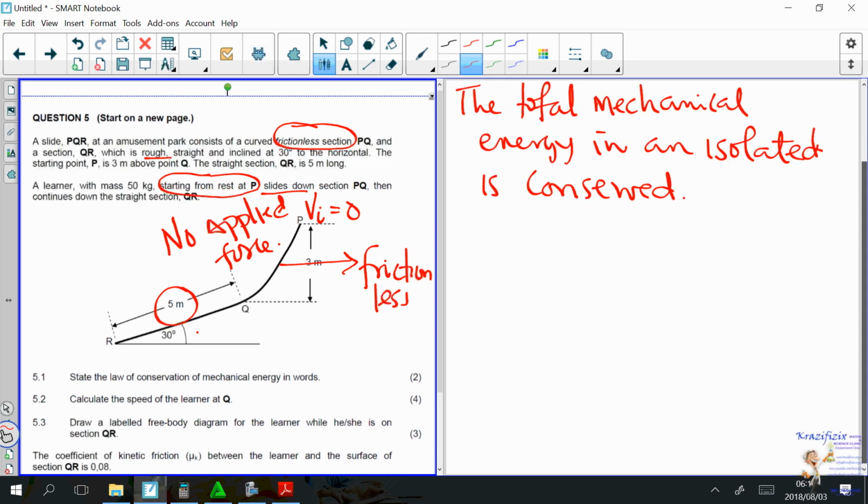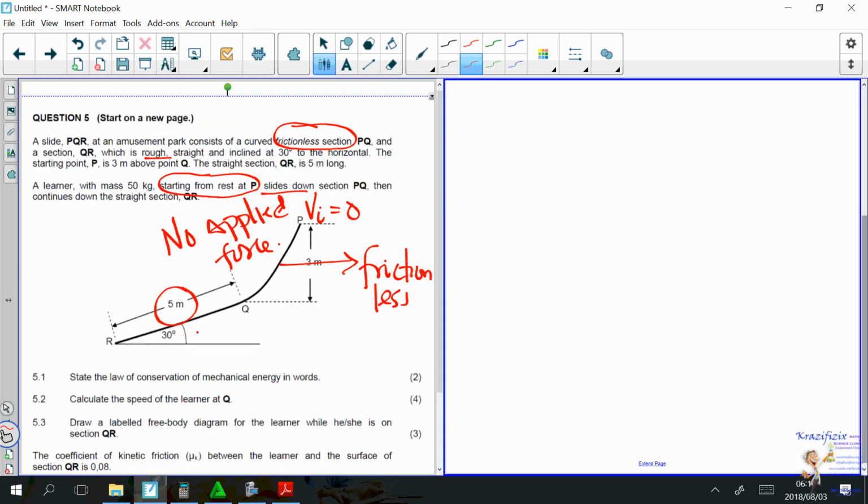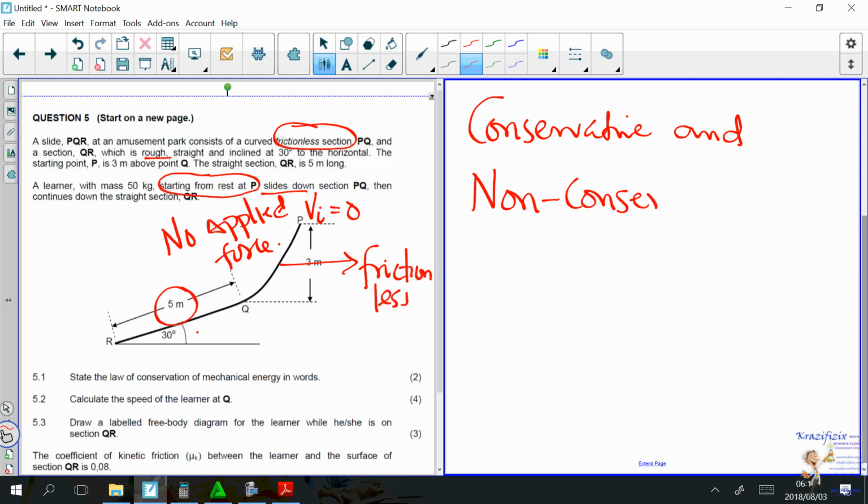When we talk about forces, there are 2 types of forces: conservative and non-conservative forces. Now, what is non-conservative and conservative?